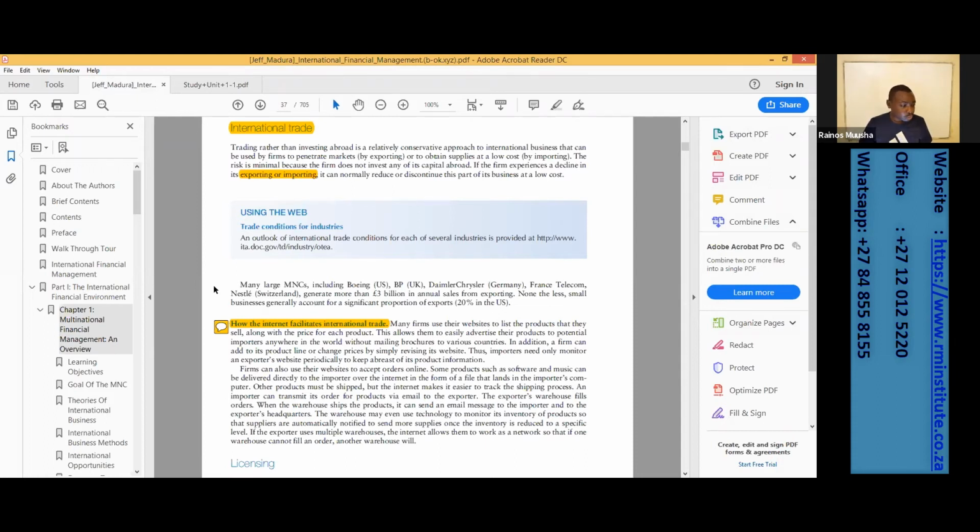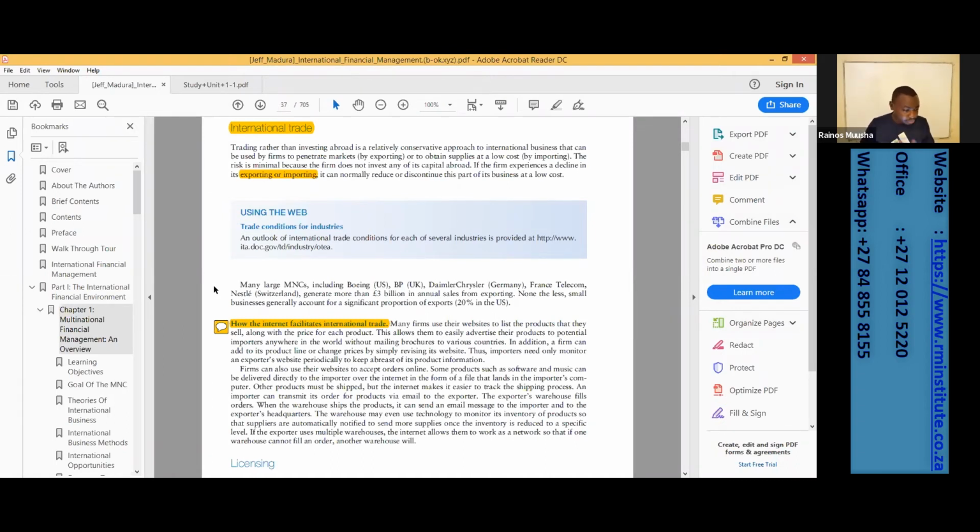For example, Amazon, and locally we look at Takealot as well, where customers are able to buy those goods, which means that in this case they're going to be exporting the goods to the customers, and if they need any goods, there's also going to be issues of importing those goods as well.